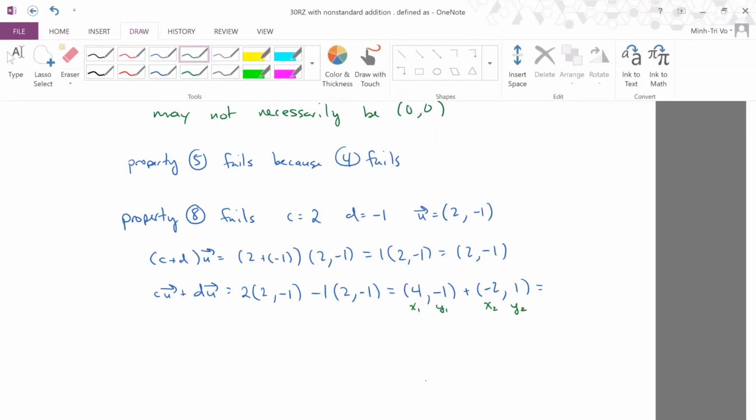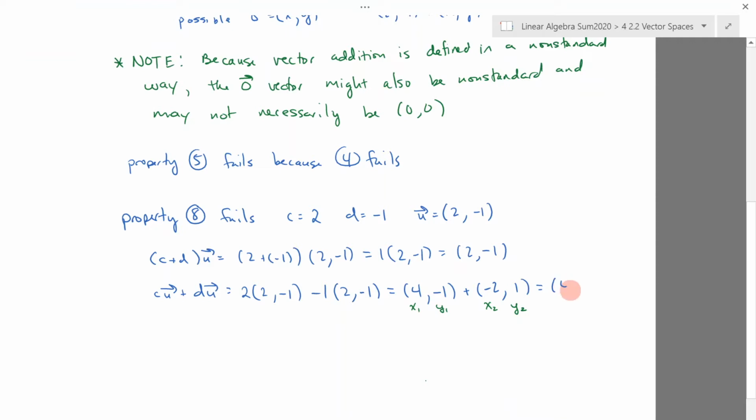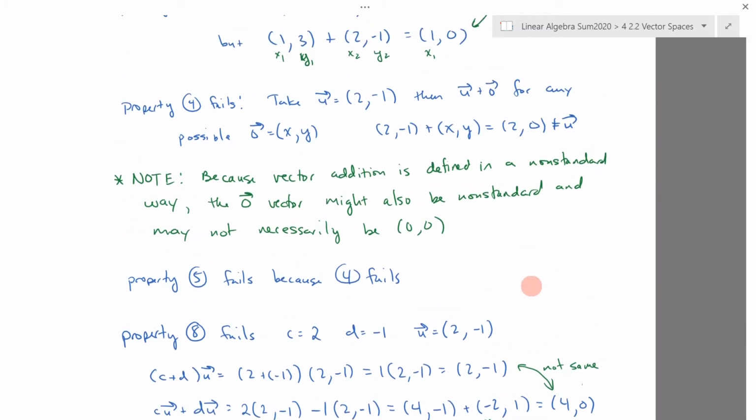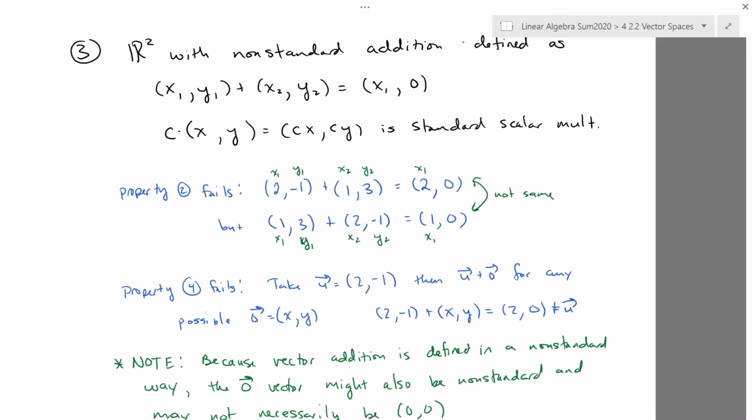So taking the first coordinate of the first vector is 4. And so you can see that these are not the same. So property 8 fails.